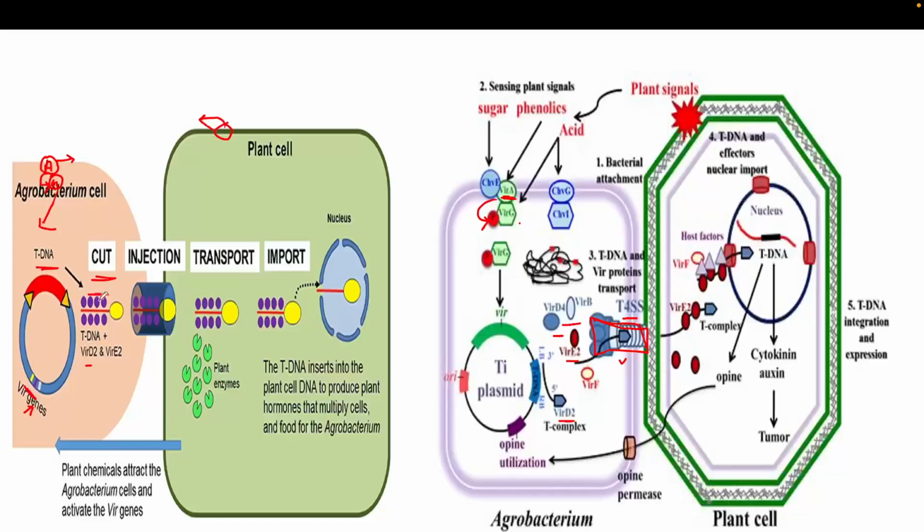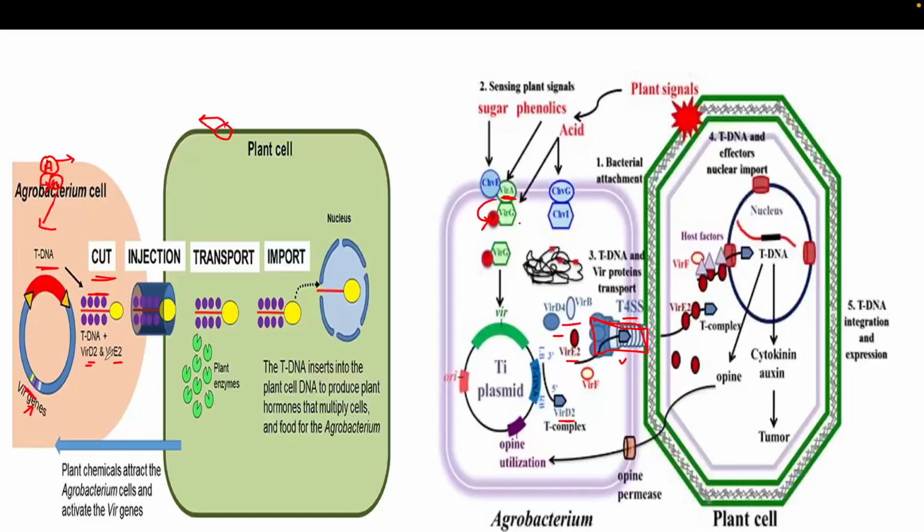After making single stranded DNA, it is very prone to nuclease activity. So that's why this virulence gene D2 and virulence gene E2 will bind to this single stranded T-DNA. This virulence gene E2 also acts as a single strand binding protein, so it will bind and help protect this single stranded DNA from nuclease activity.